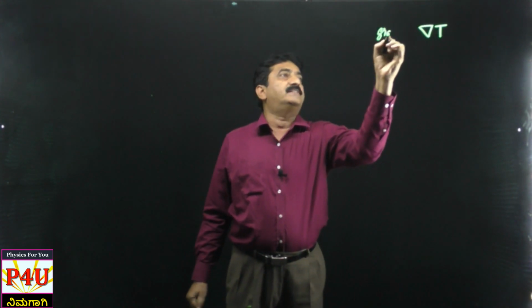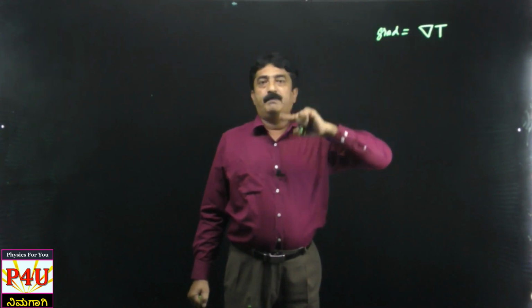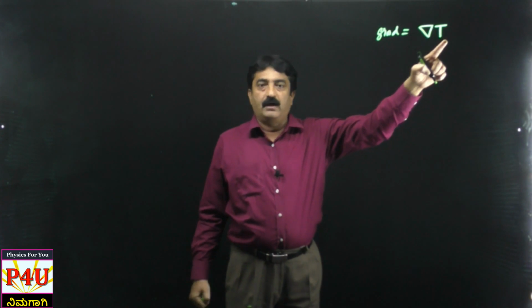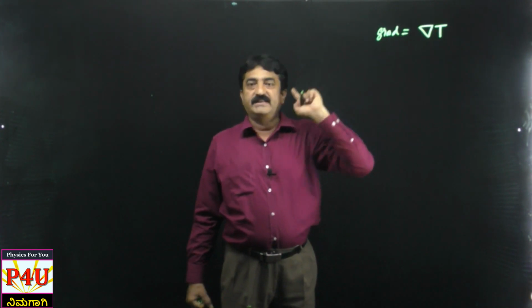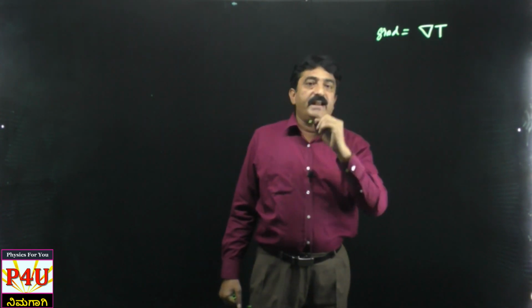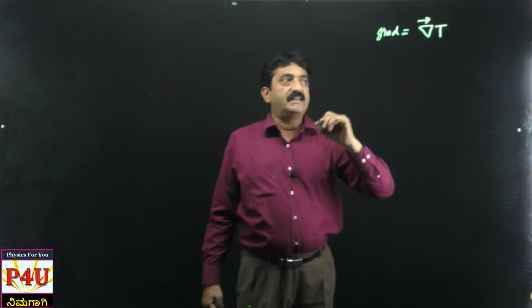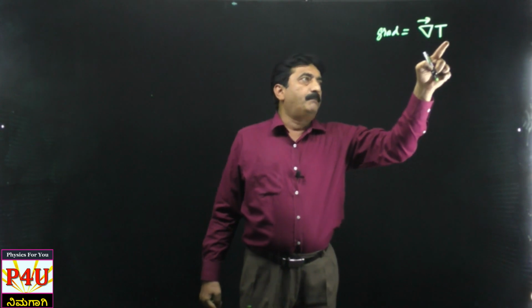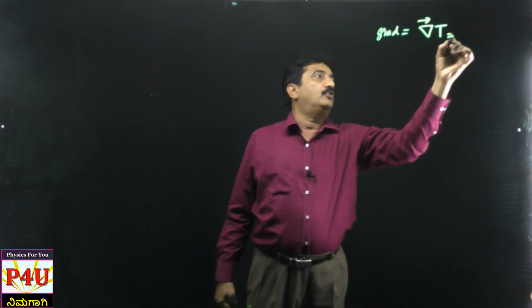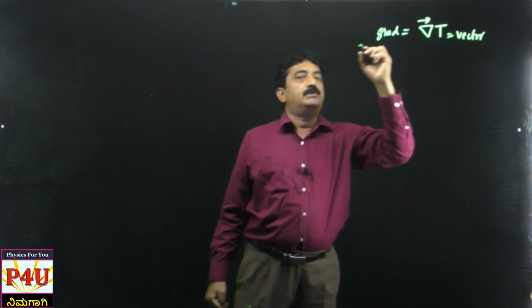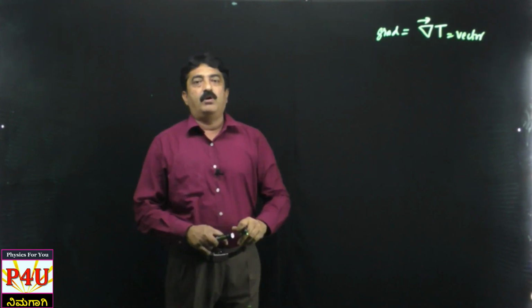So gradient is del multiplied on a scalar. Del of a scalar is gradient. Remember, del is a vector, T is a scalar. When a vector is multiplied on a scalar, it is going to be a vector quantity. What I mean to say, gradient is a vector quantity.